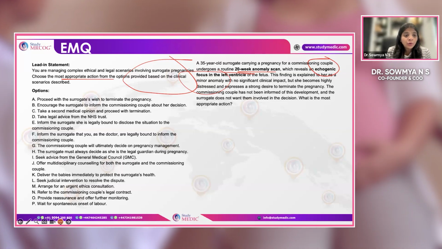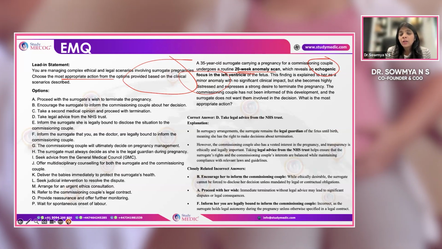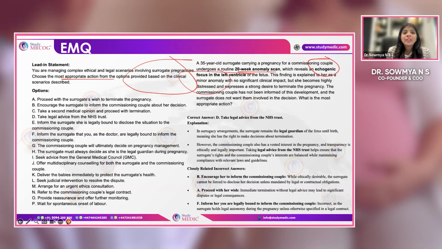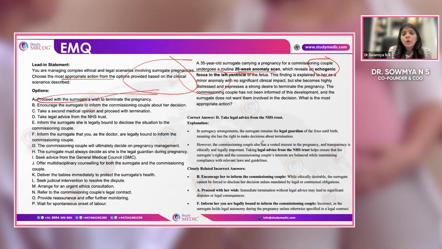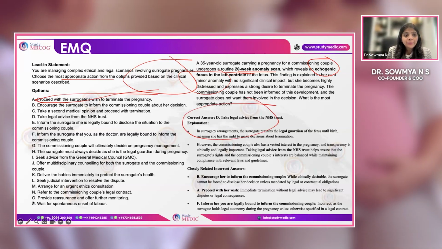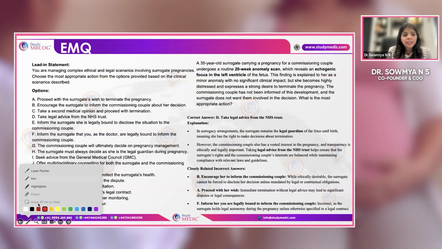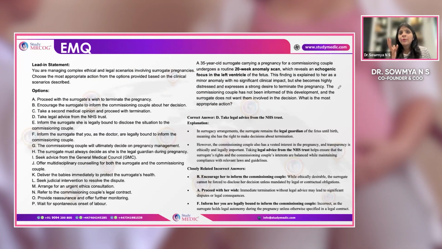There are a lot of options here, but you can allow her to terminate, or proceed with the surrogate's wish to terminate the pregnancy. Why have I chosen D, not A? Of course, you will proceed with her interest finally, that's what happens. But here there is a little bit of friction.